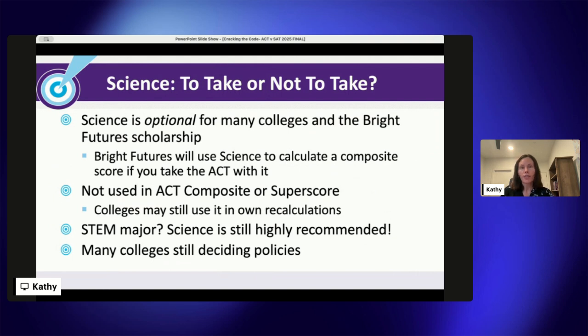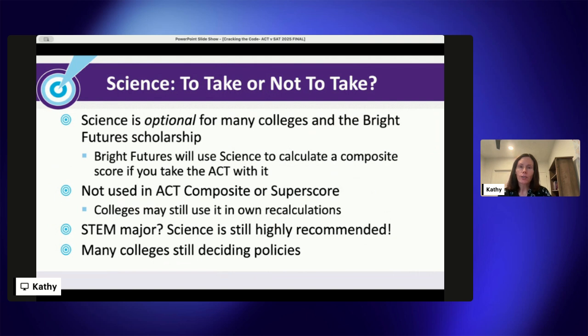So juniors signing up for some of those early SATs, fall senior year, signed up for the science test. But as of right now, Bright Futures is now saying that the science is optional and that if you submit ACT results with a science score, it will be used to calculate a composite. If you do not take the ACT with science, they will calculate a composite without it.